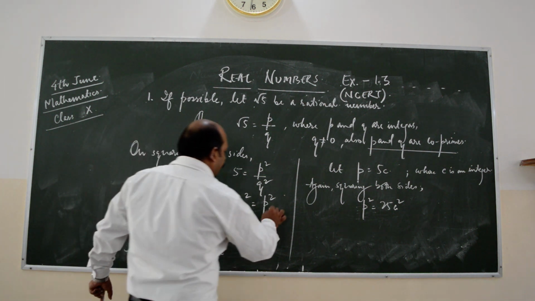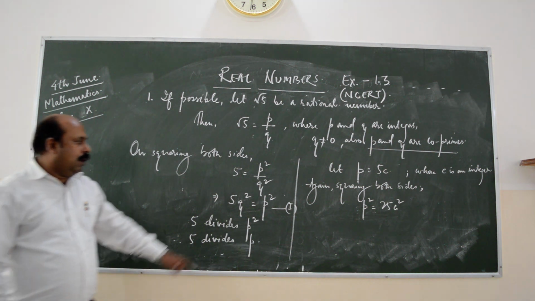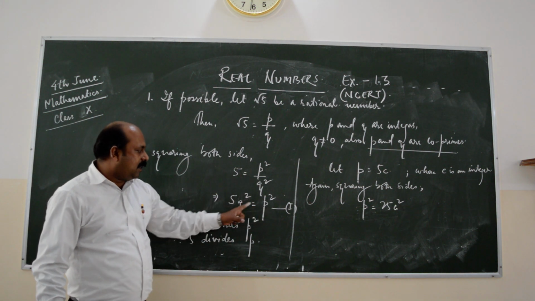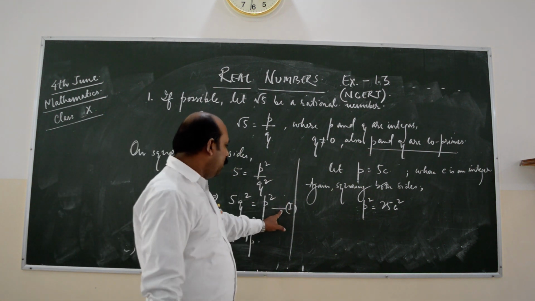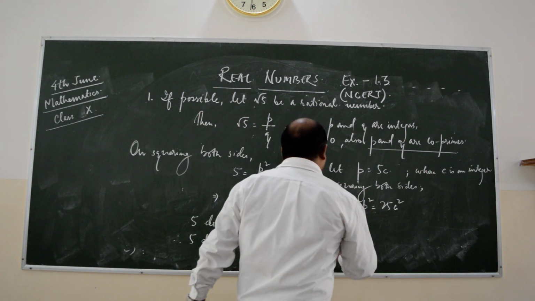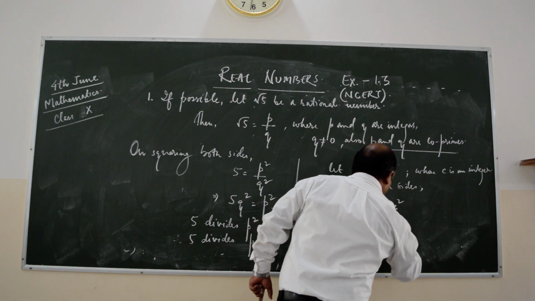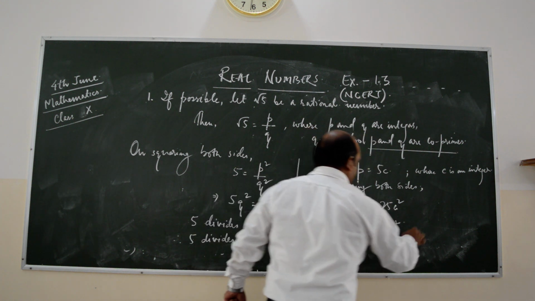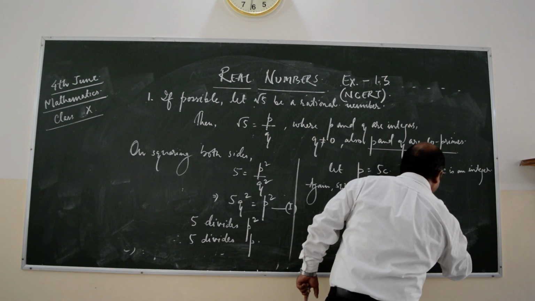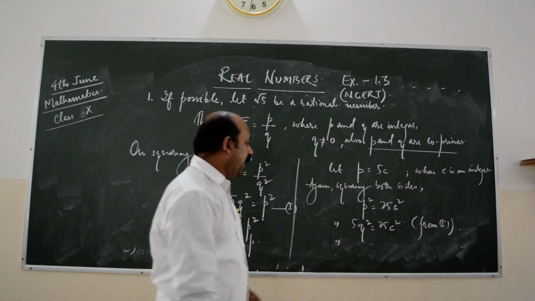Now let us consider this statement as the first equation, where we are getting P square is equal to 5 times Q square. So from 1, we can replace the value of P square here. We can write 5Q square is equal to 25C square, and we are writing this from 1. Divide both the sides by 5.